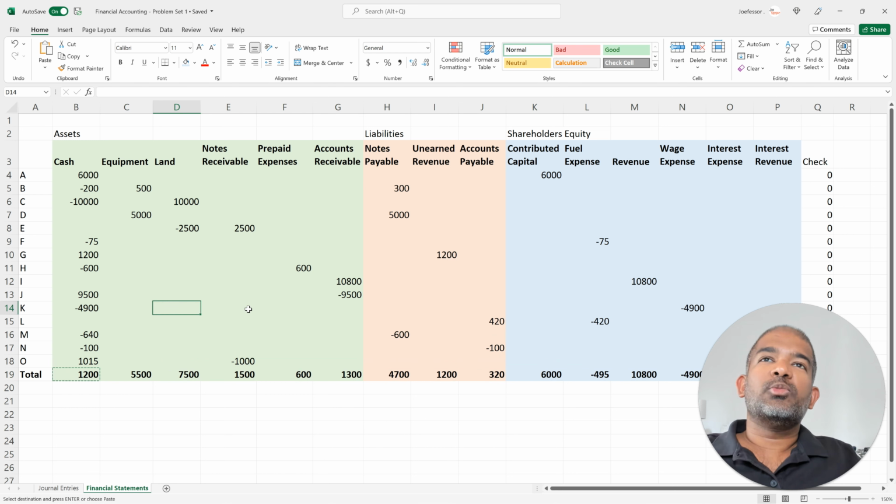Once we've tallied all these accounts under assets, liabilities and shareholders' equity, and we've calculated the balances for these accounts, it's time for us to create the financial statements.